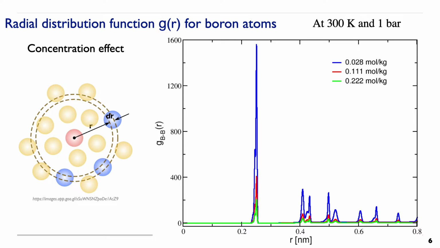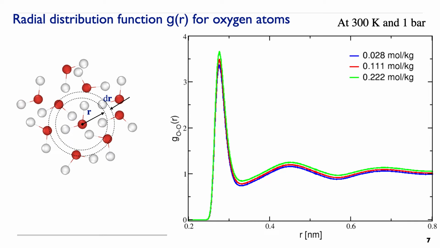Furthermore, as we have set the pressure at 1 bar, for this to be maintained, the volume has to increase as the concentration of nanotubes increases, and this is what is observed in this graph. Otherwise, with water molecules, as we observe for oxygen atoms, there is a slight increase in the radial distribution function. That is, the water molecules are closer to each other when we increase the concentration of nanotubes.